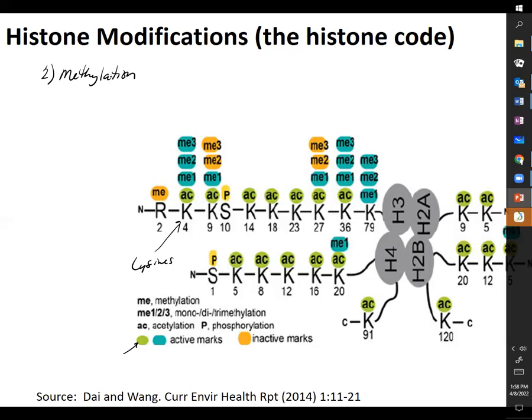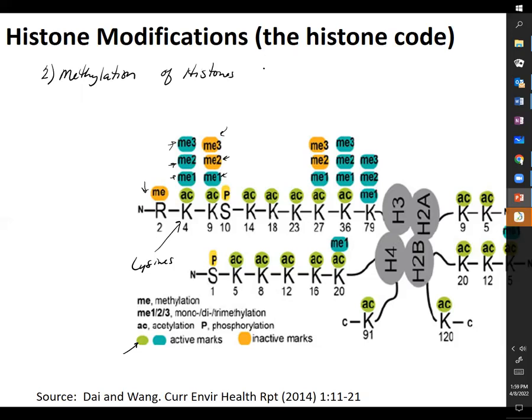The methyl group is the same, but where it's being added is different. So methylation of histones is more complex. Some methylations in here, in aqua, promote the DNA being more accessible, whereas other positions of methylation promote it being less accessible.